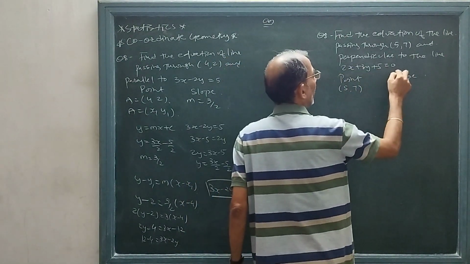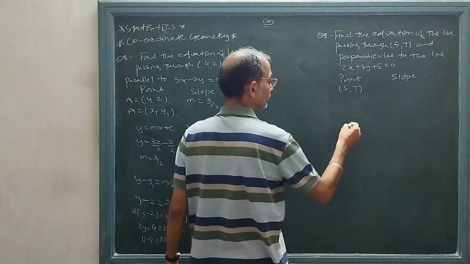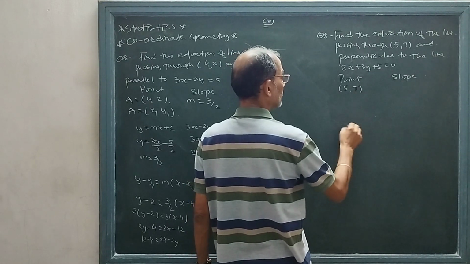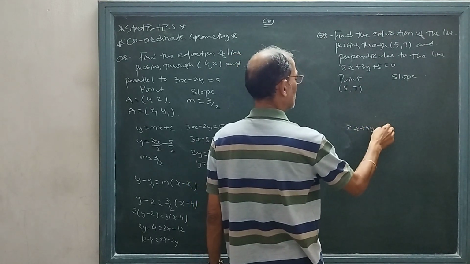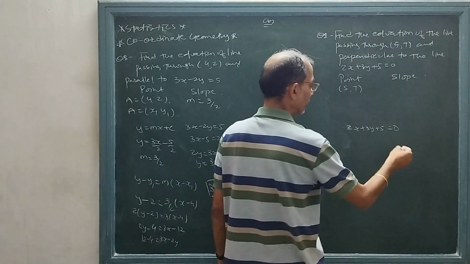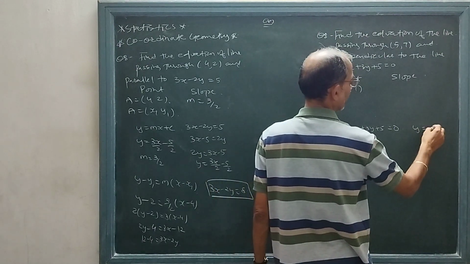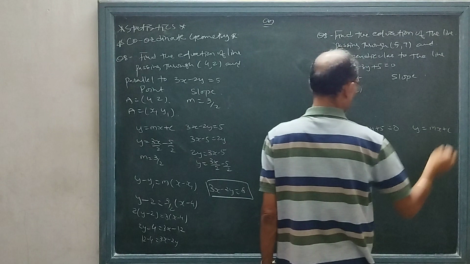Now we will find the slope from this line, 2x plus 3y plus 5 is equal to 0.